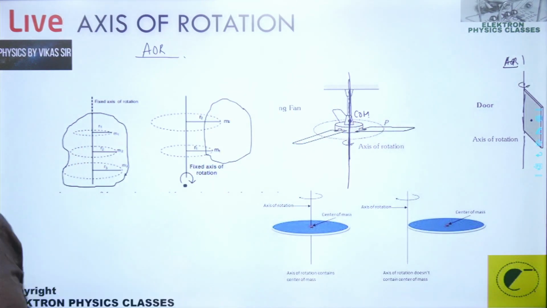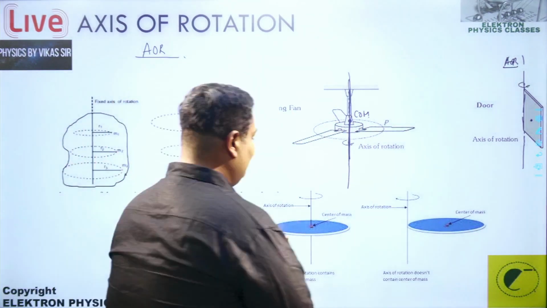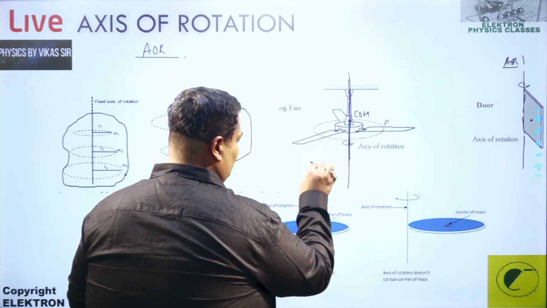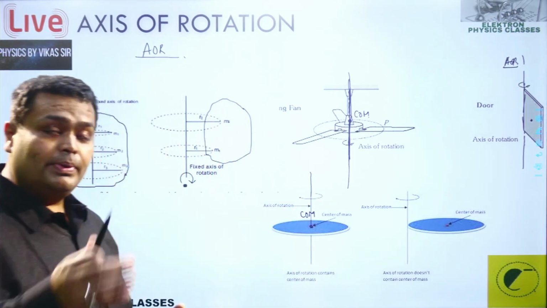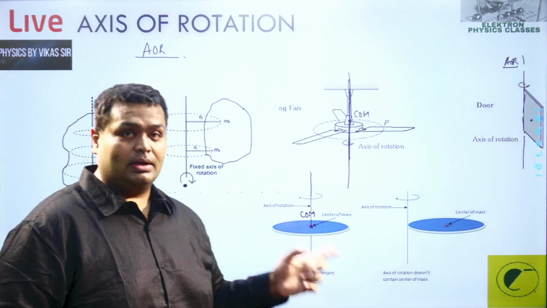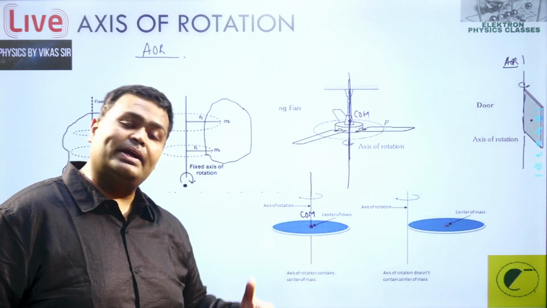So we can have different axes, like in this case of a disk. We have this as the center of mass, that's the COM, and the axis is passing through this. Then what should such an axis be known as? Such an axis passes through the center of mass and is perpendicular to the plane.